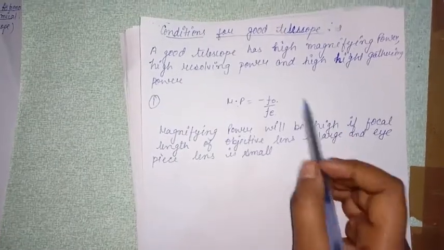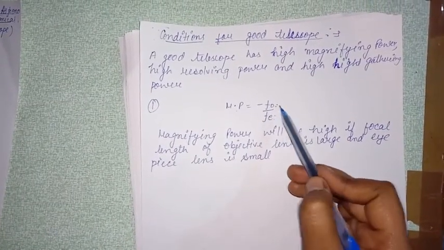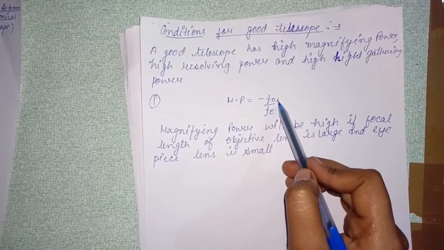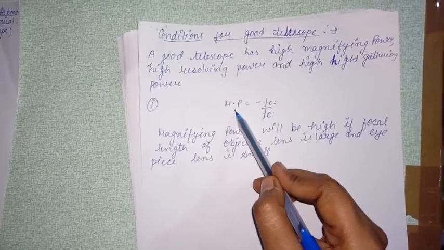If the focal length of the eyepiece lens is small and the focal length of the objective lens is large, then we get a high magnifying power.